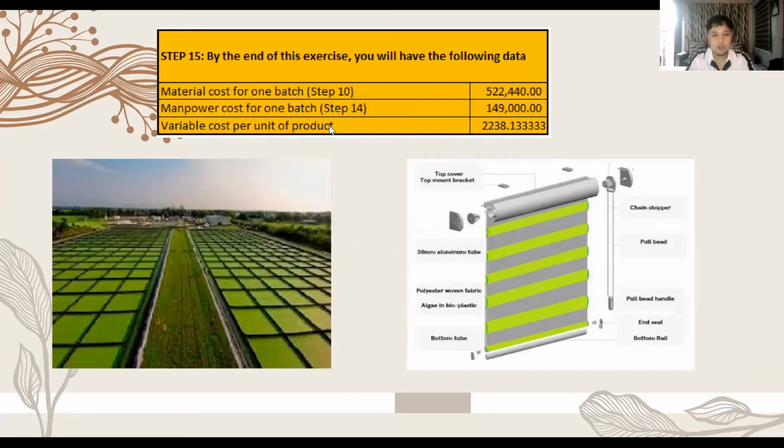Step 15 shows the variable cost per unit of product at 2,238 pesos. It simply means that we will have a profit if we sell the product for 4,000 pesos per unit.